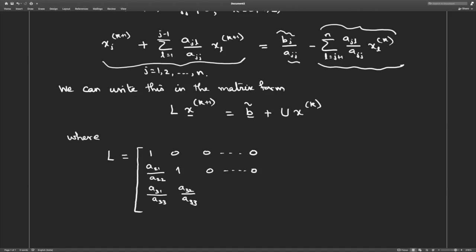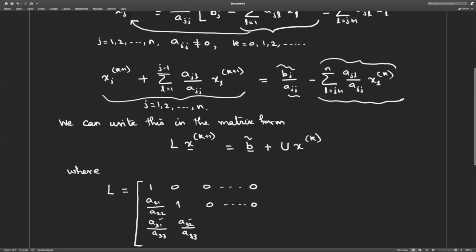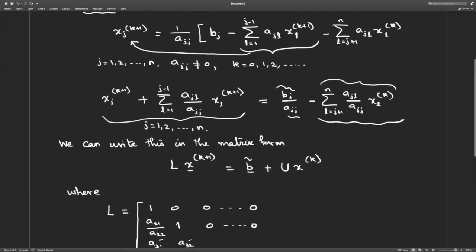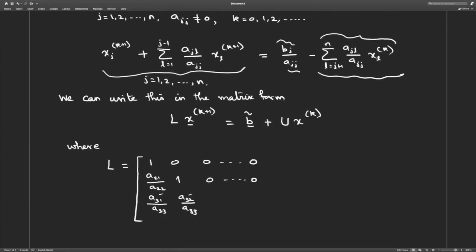Why are they all coming to the left hand side? Because when you are computing the third component, you have already computed the first component and the second component, right? Therefore, they are all taken from the present iteration itself, that is k plus 1. That is why they contribute to the k plus 1 part, and therefore they were pushed to the left hand side. That is how these two terms are surviving.